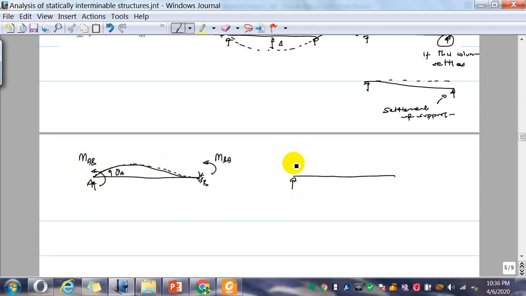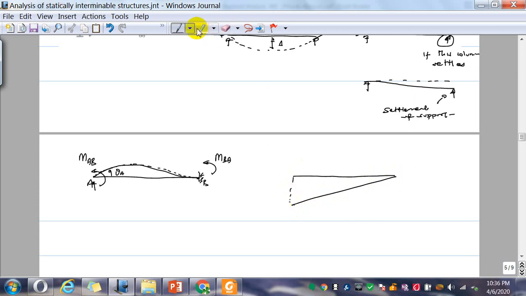Now this MAB, if you draw MAB, it's a hogging moment, so it's going to be MAB over EI. So MAB will have an effect like that.